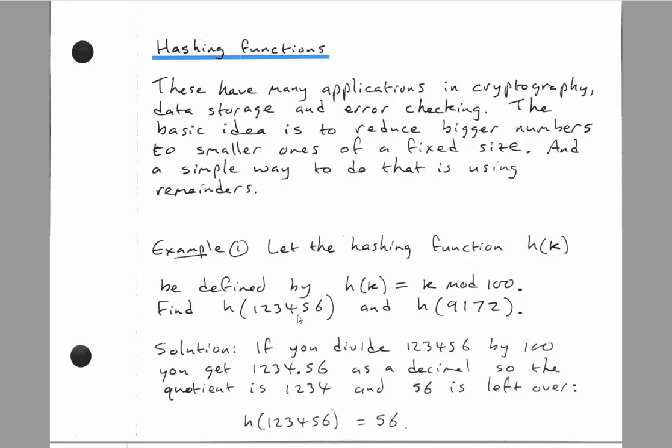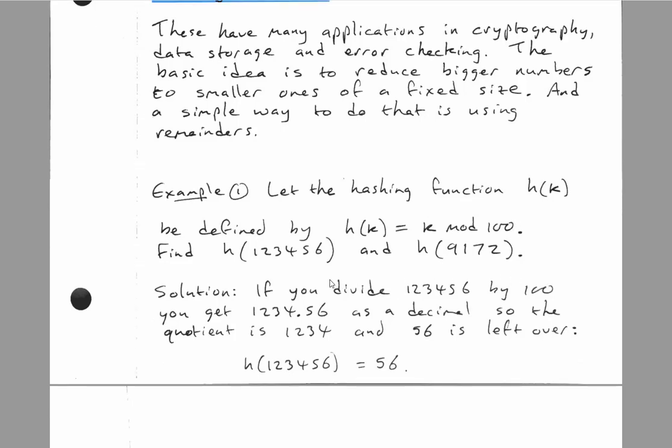Find h of this number and h of this number. Alright, so hashing here is just taking the number and looking at the remainder when you divide by 100.